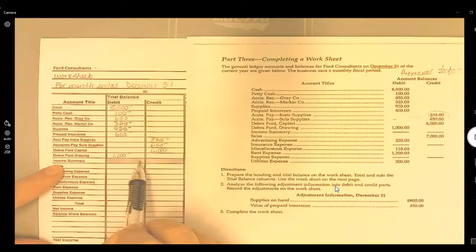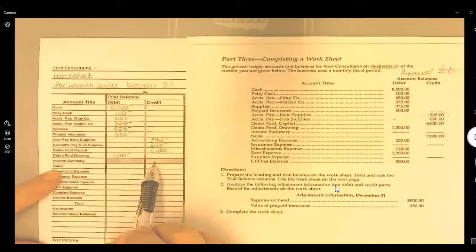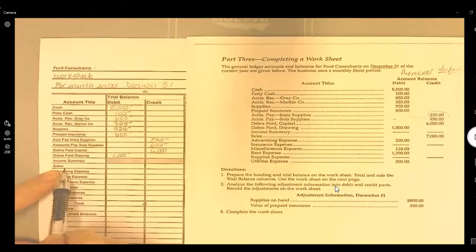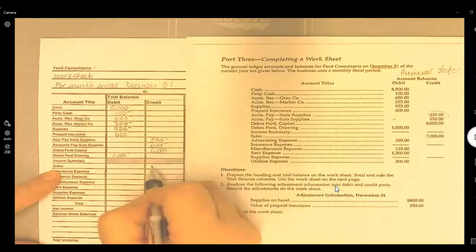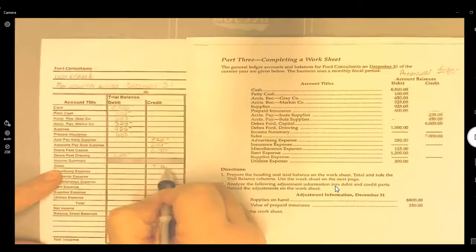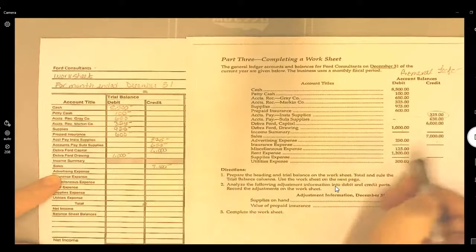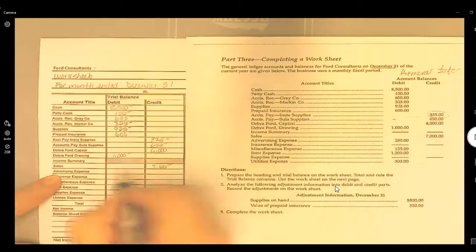One thing I've done for you is if nothing goes there, I make it dark so you don't write anything where you're not supposed to. The income summary account we will discuss later. It is blank. Sales. According to this, sales had a credit of $7,000. Advertising expense, $250.